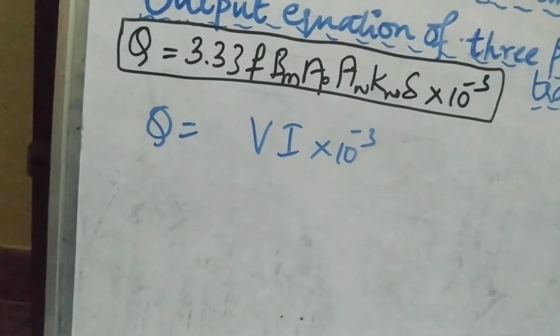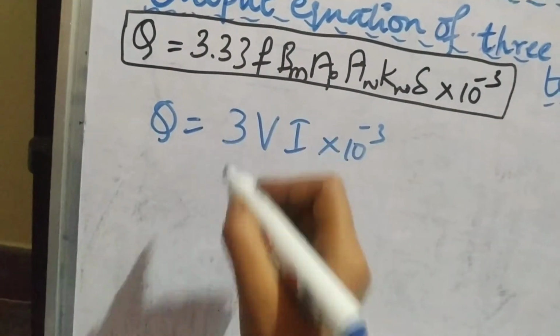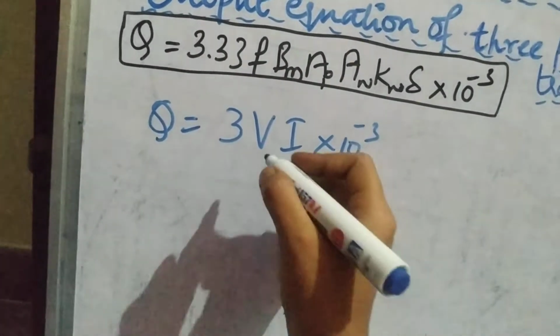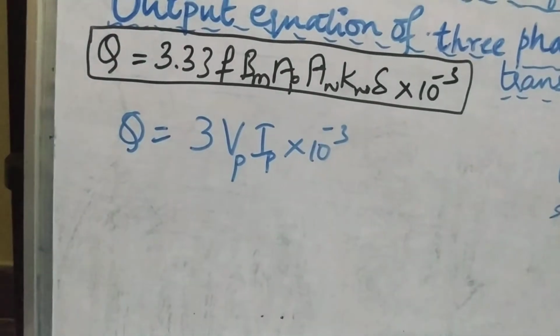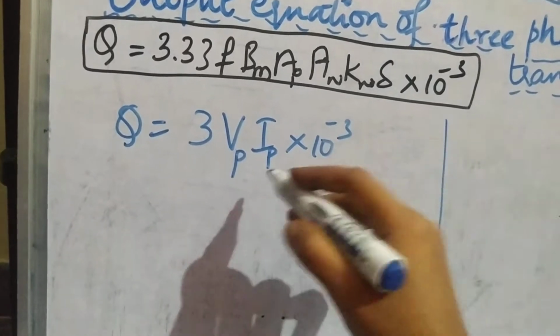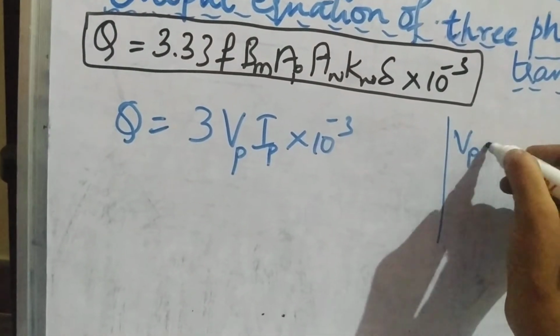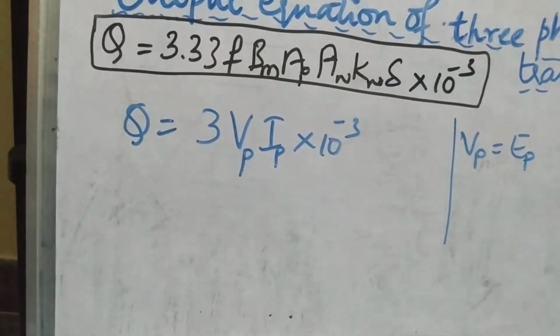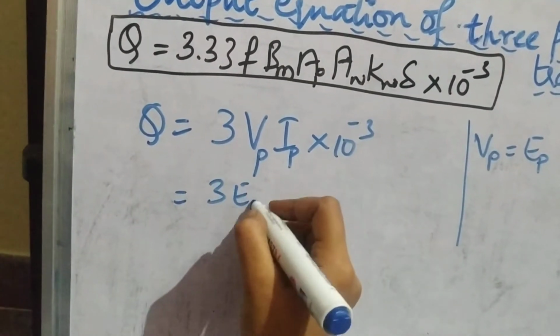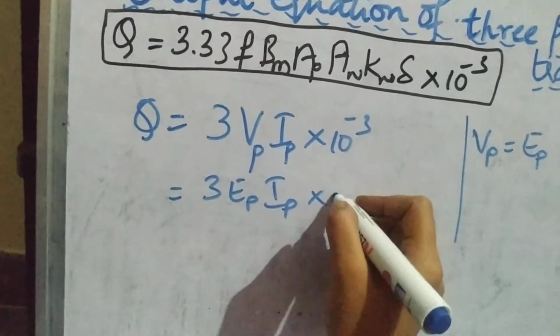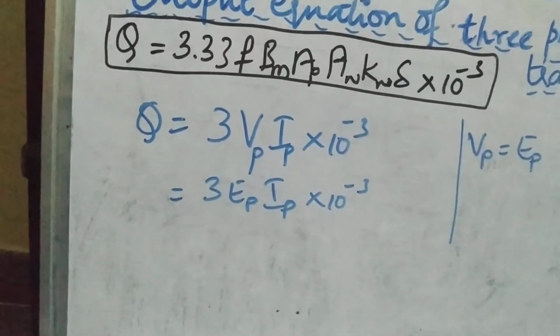Here I am going to write 3 times because this is 3-phase, and I will denote it with respect to the primary current. Now let us assume that Vp is the same as the EMF induced in the primary. Therefore it becomes 3 times Ep into Ip into 10 power of minus 3.